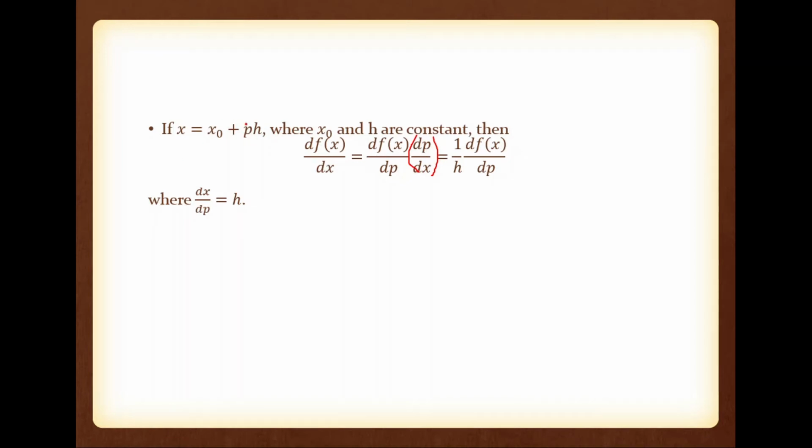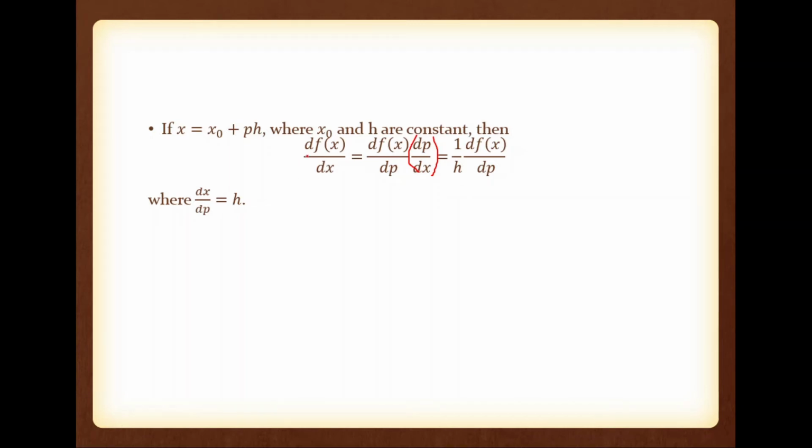This is reversible also. What is p? p is equal to x minus x0 divided by h. So at that point, dp by dx is equal to 1 by h. Okay, so dp by dx equal to 1 by h. So we can write df of x by dx is equal to 1 by h into df of x by dp. So please note dp by dx is 1 by h.